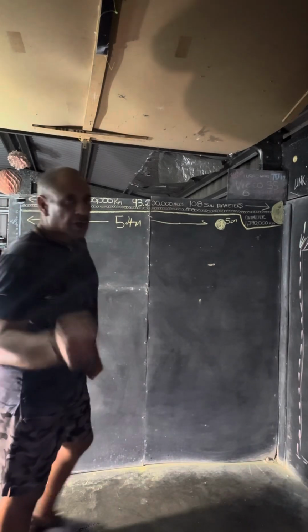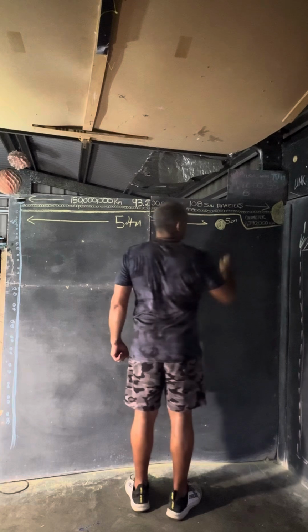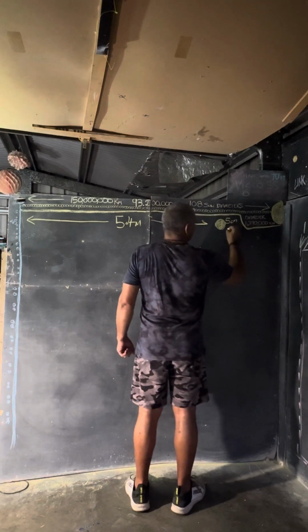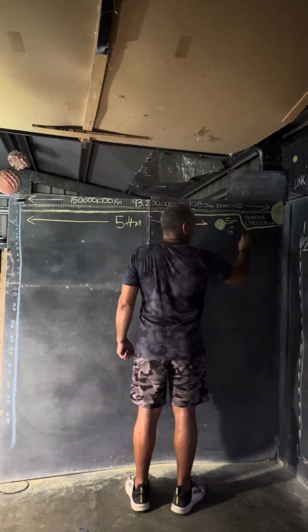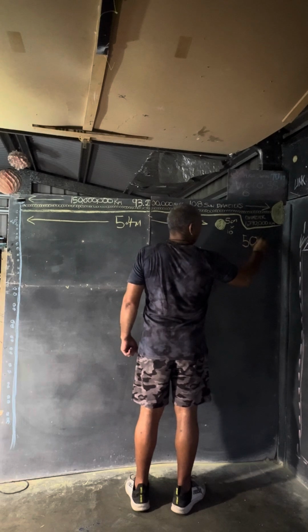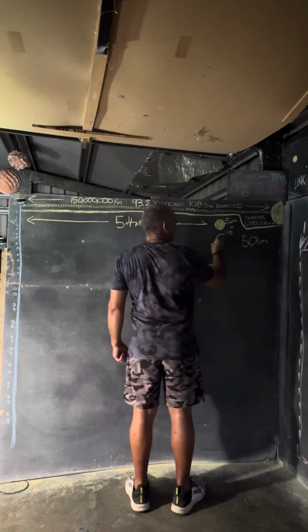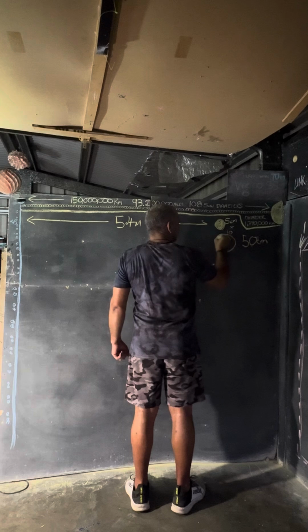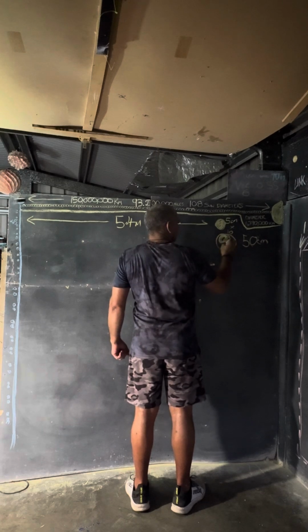Let's multiply it by 10. So 5 centimeters, we go times 10, becomes 50 centimeters. So we now have a light source with a diameter of 0.5 meter, 50 centimeters.